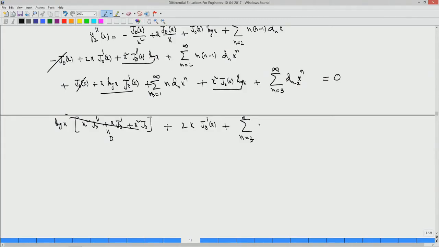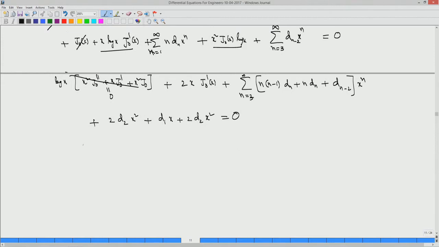It starts from n is from 1 to infinity, here 3 to infinity, and this is 2 to infinity, so the common range is from 3 to infinity. So you have n into (n minus 1) d_n, plus n d_n, plus d_(n-2), into x^n, and the remaining terms which you missed: here n equal to 1 gives d1 x, and n equal to 2 gives 2 d2 x squared, equal to 0. If you rewrite, that is d1 x plus 4 d2 x squared plus 2x J0'(x) plus the sum from 3 to infinity.